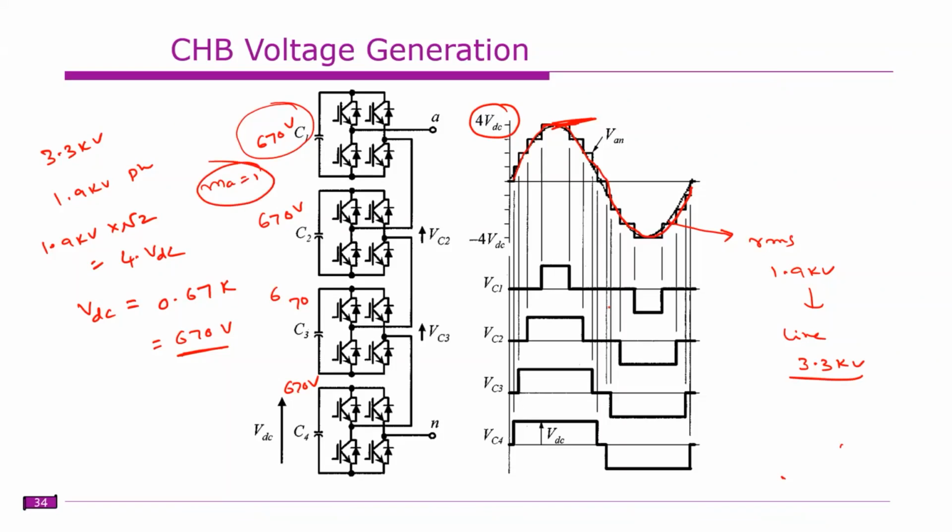From that, measure the phase voltage and line voltage and check whether they are equal to 3.3 kV and 1.9 kV. If not, we need to slightly adjust this value.